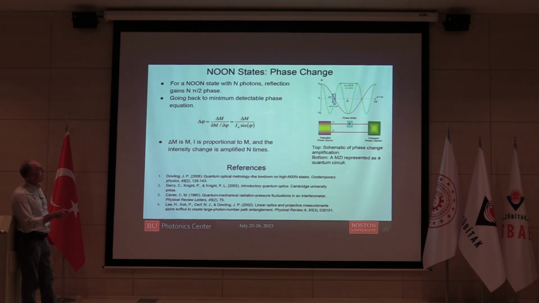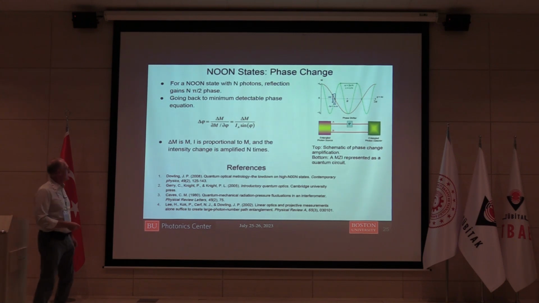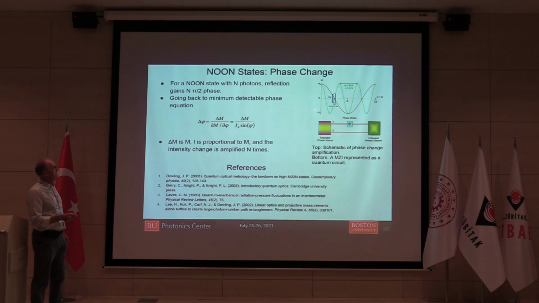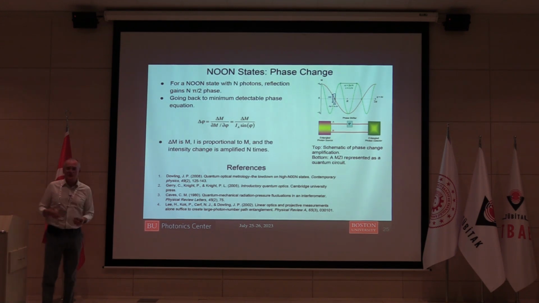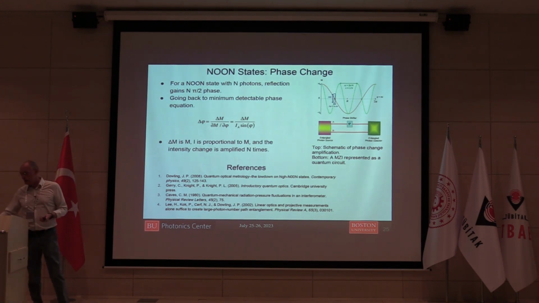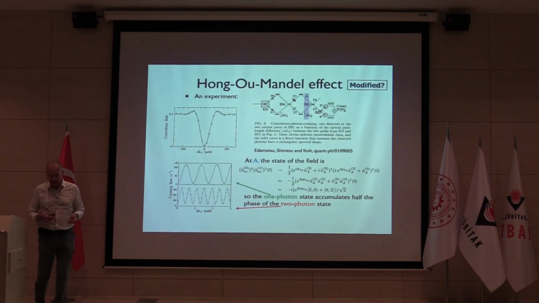So if you have 2 photons, as you see, the periodicity is 2 times greater, and this is for sending the 2002 state inside. Why am I saying 2002? Because that's the only case when you can do it, and that has been realized.